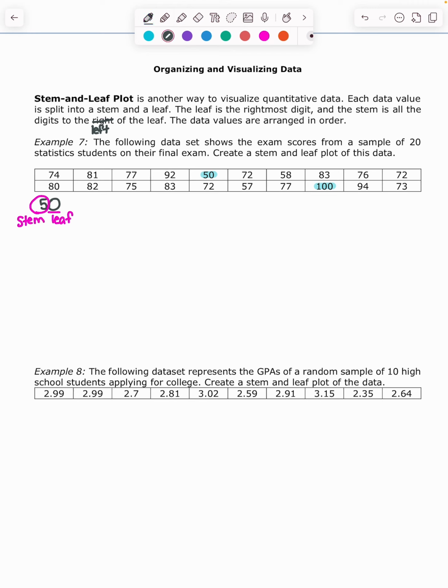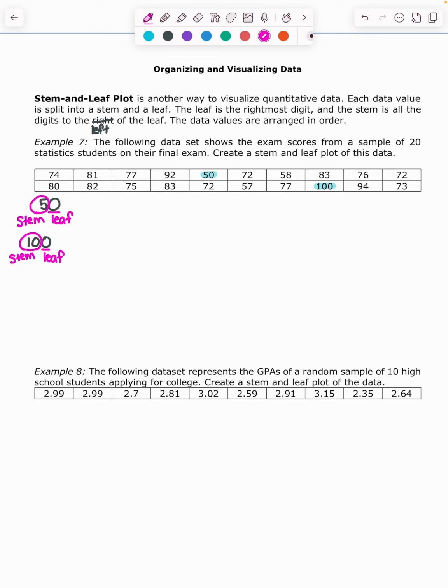And then I'm going to do the same thing with the biggest digit. That was 100. The rightmost digit is a leaf, and everything off to the left is the stem.